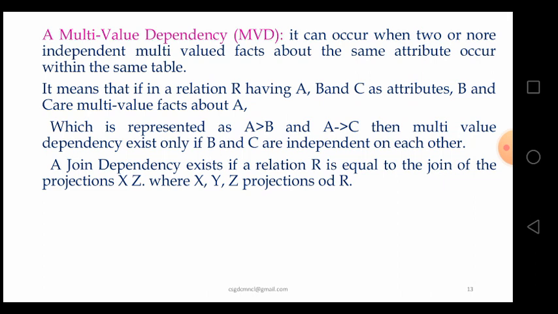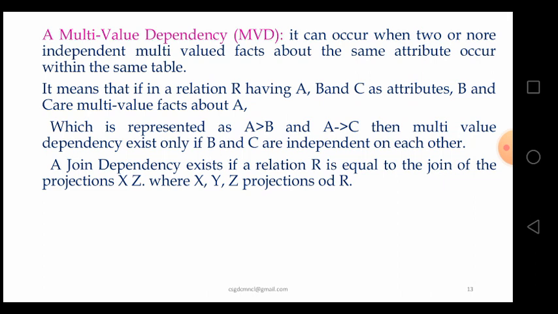A multi-valued dependency can occur when two or more independent multi-valued facts about the same attribute occur within the same table.